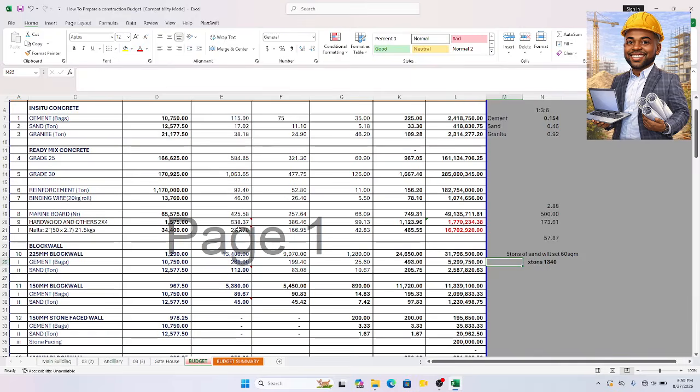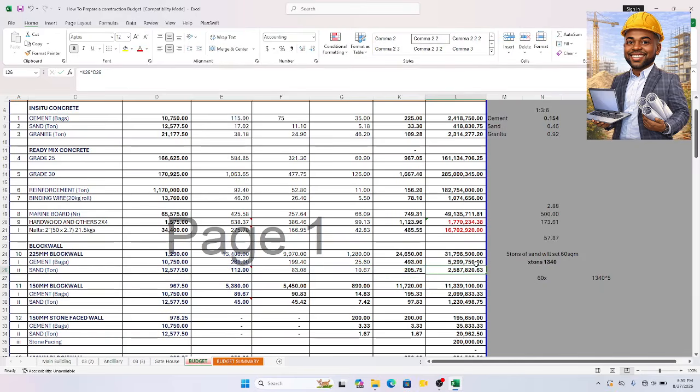So 60x is equal to 1340 times 5. So x is divided by 60. That is what you see here. The same thing here. So this is the total sand.